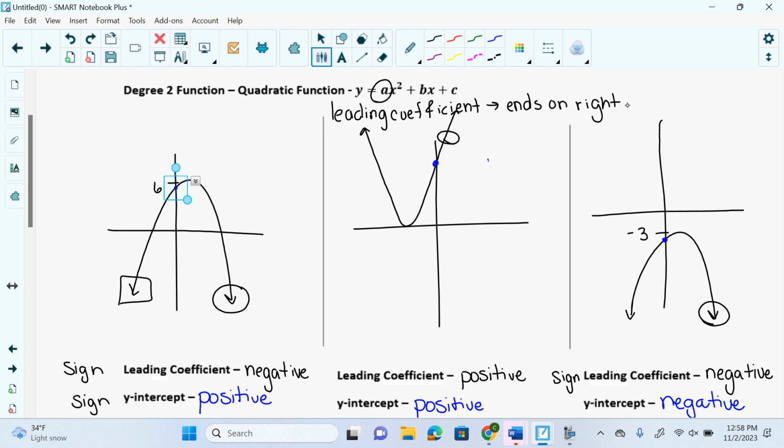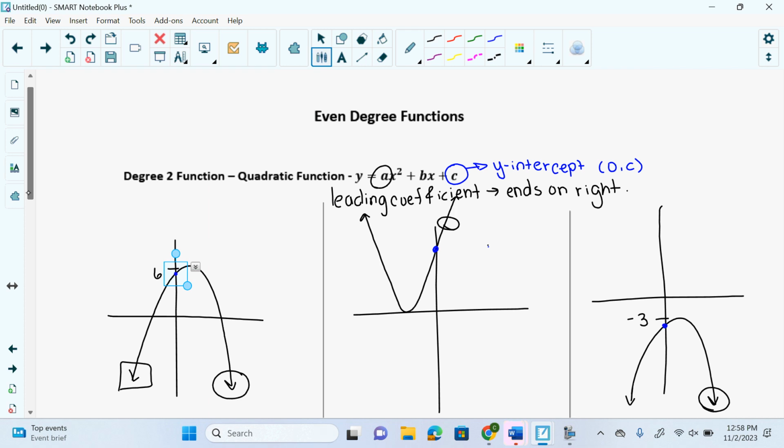Does anyone know which one of these represents the y-intercept? The c. So this is the y-intercept, which is (0, c). Now, we shouldn't have to actually memorize that. It should just make sense why that's the y-intercept. When you hear y-intercept, what should you think? x equals 0. We agree?